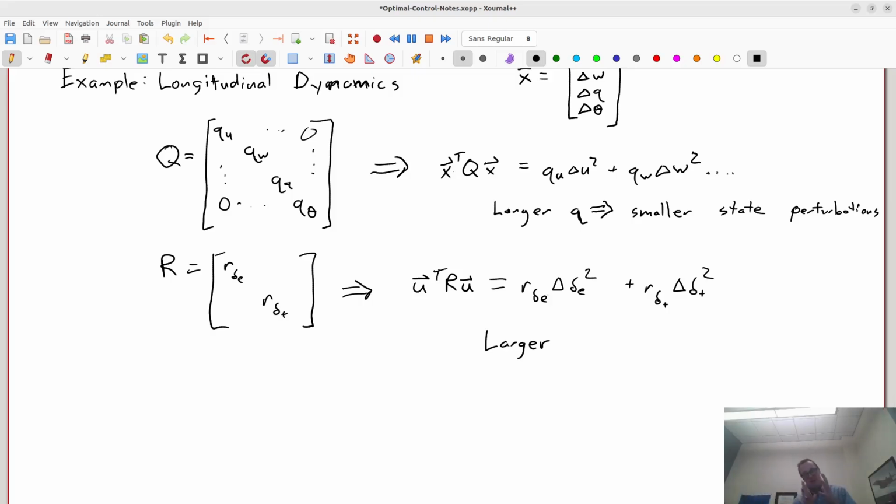We can't both have small controls and small state values. Larger R will lead to smaller control inputs.